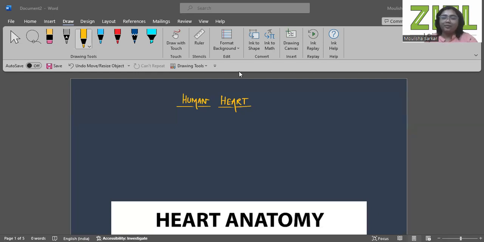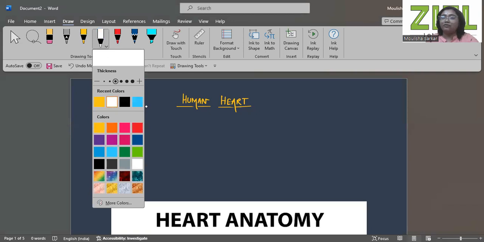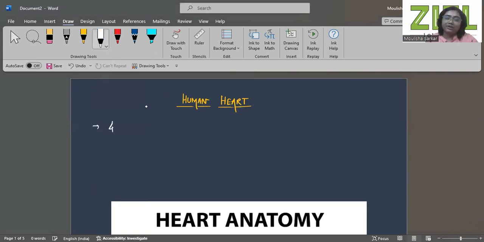So I'm going to discuss the human heart today. First of all, we all know that the human heart is a four-chambered heart. Because we know there are three-chambered and two-chambered heart organisms also.